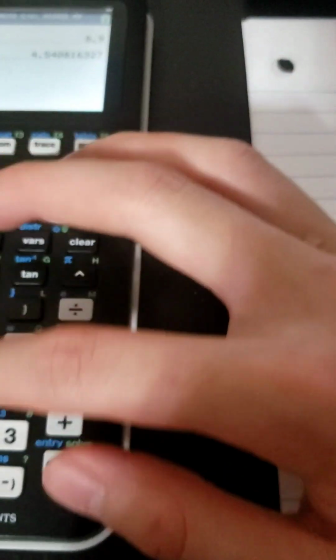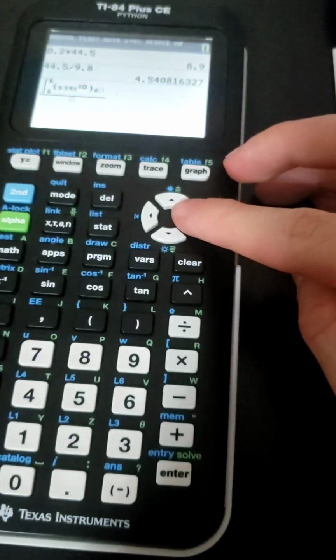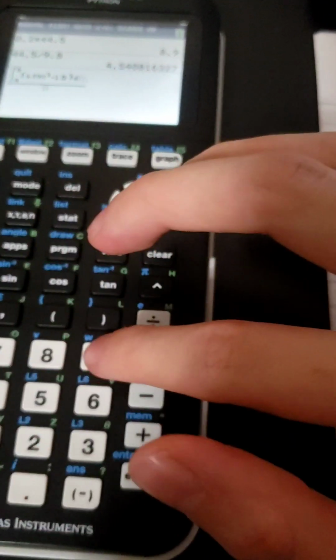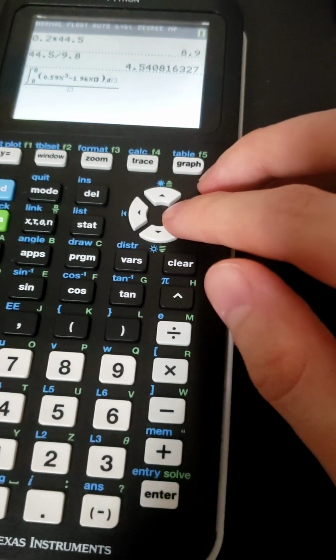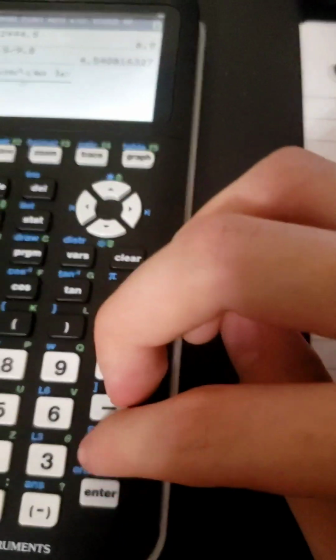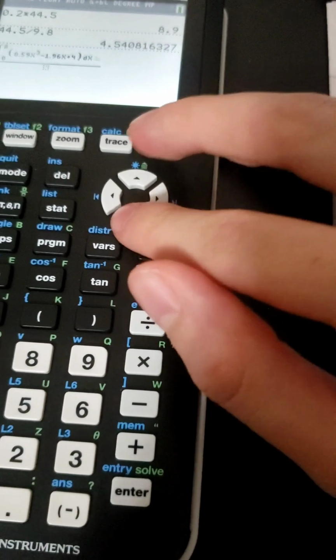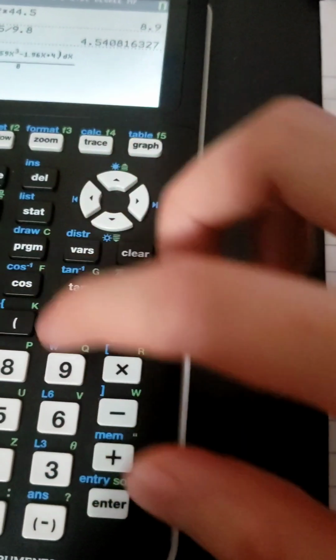It's 0.59 x to the third power, my bad, minus 1.96 x plus 4x, and that's your distance right there, and we're just going to divide it by time.